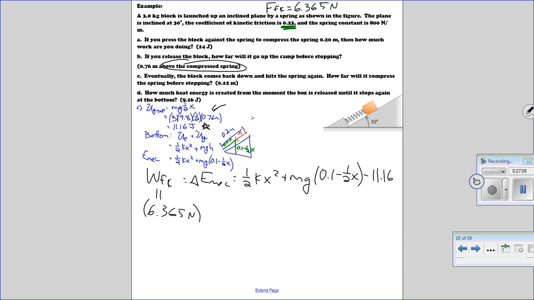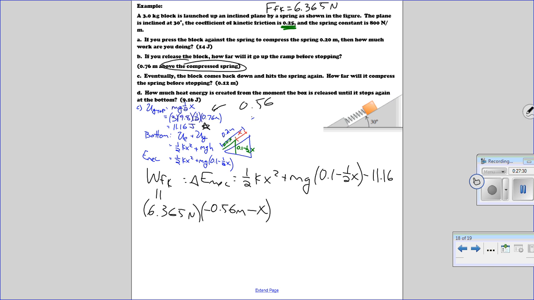Remember, the block went up 0.76 meters above the compressed point, which means it is 0.56 meters above the uncompressed spring, right? So it's going to slide back down that 0.56 meters until it hits the uncompressed spring, and then it's going to slide another x, right?